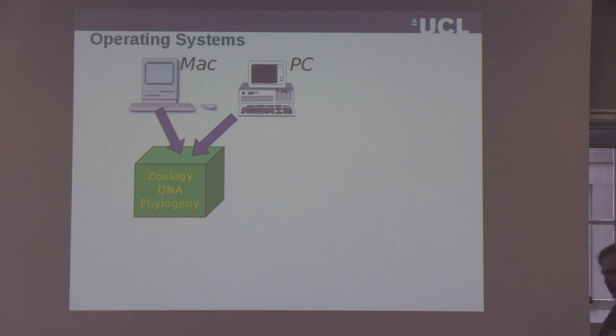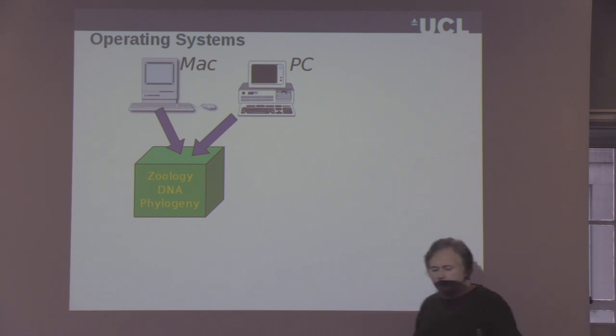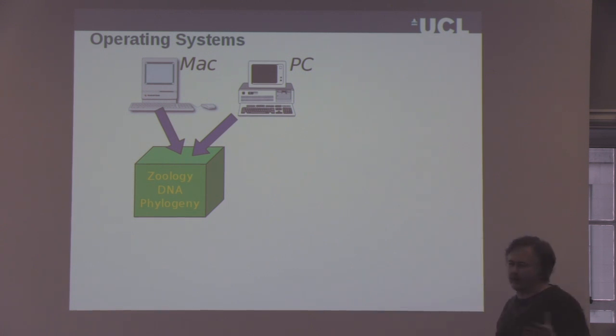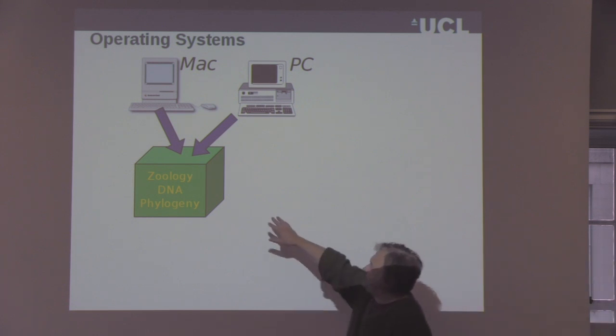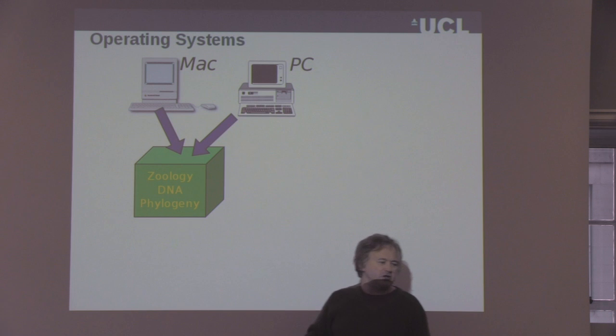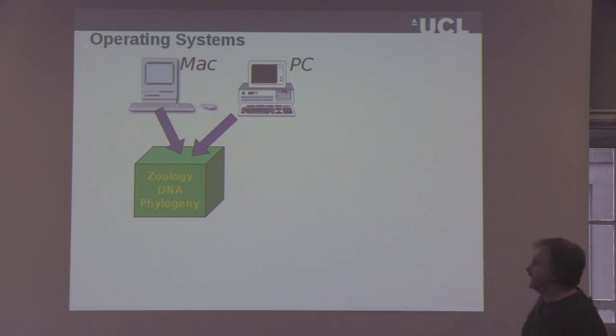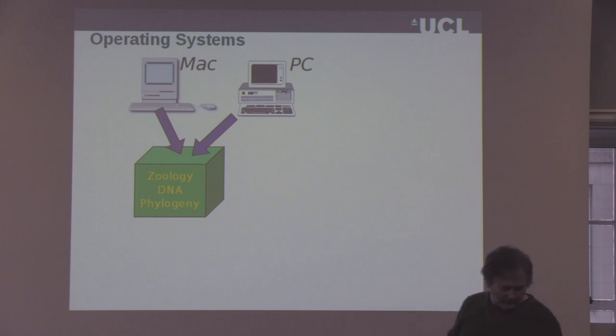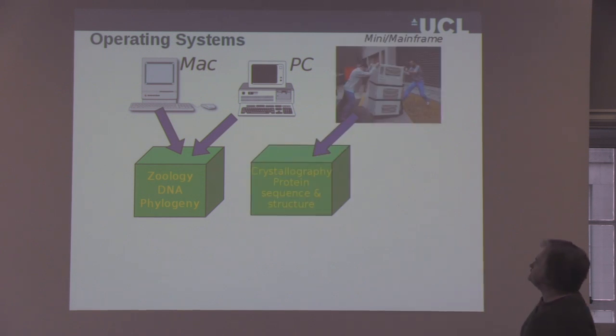So there's a bit of a tie-up between the different operating systems and the people who use them in the biology world. People in the zoology, DNA, phylogeny end of things originally didn't have very much data. They had fairly small data files to deal with, so they tended to prefer Macs and Windows machines.